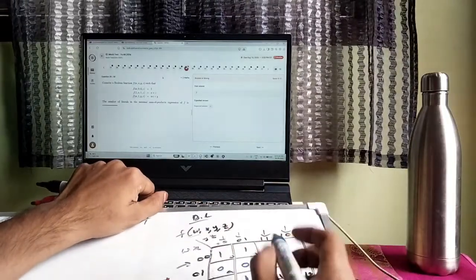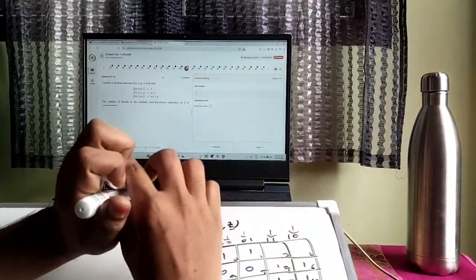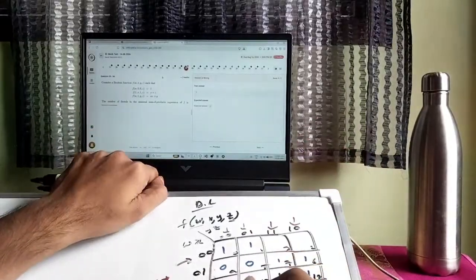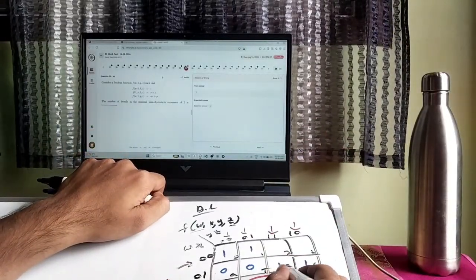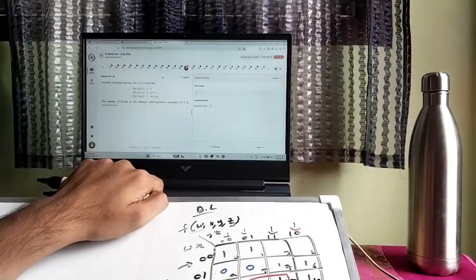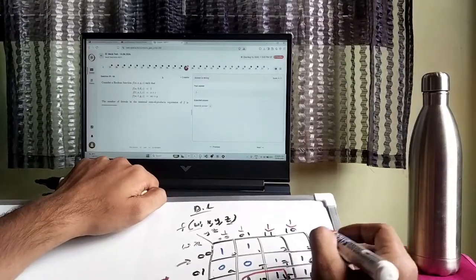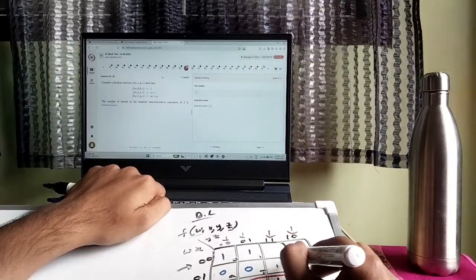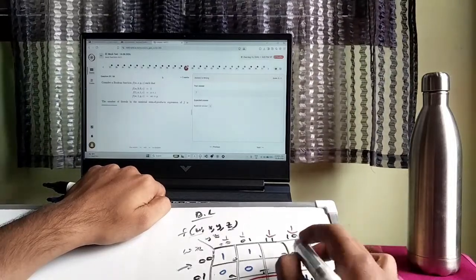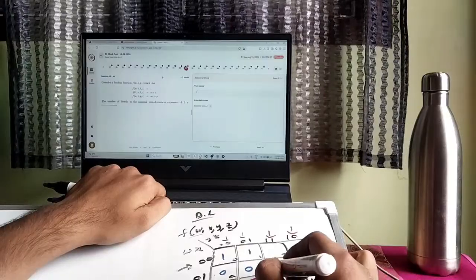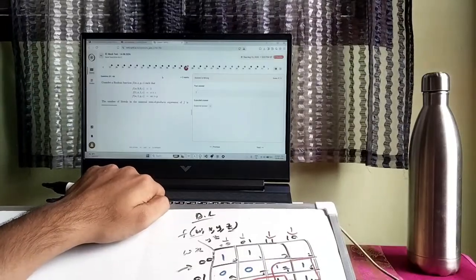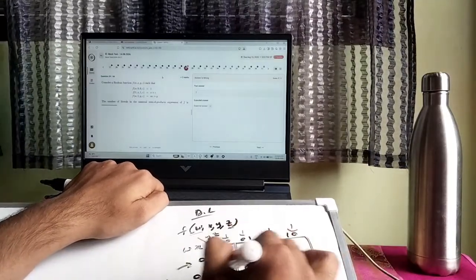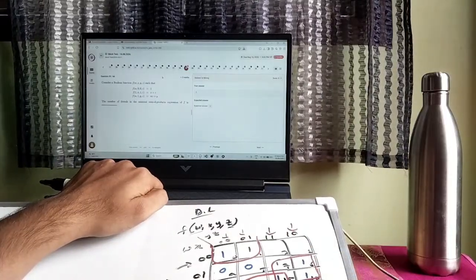So this was the K-map which we drew based on the given expression. If we take this as 1, we get 2 variables out of it. If we consider this as 1, we again get 2 variables, and if we consider this, we get 2 variables out of this.